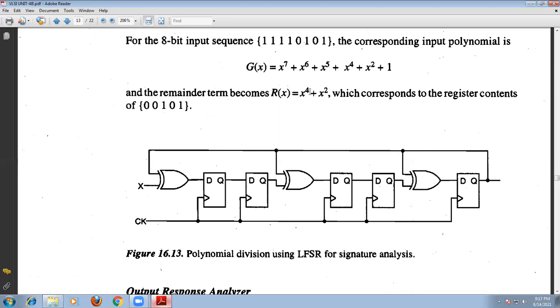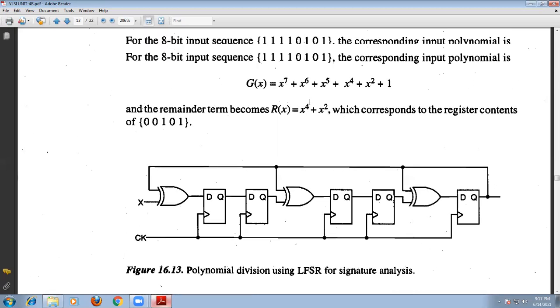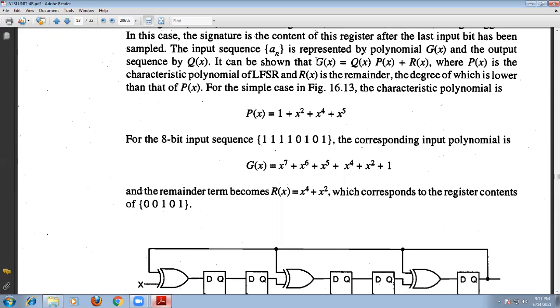The polynomial will be like this: g of x equals q of x into p of x plus r of x. What this means is we divide g of x by p of x, and we get the quotient q of x and the remainder r of x.